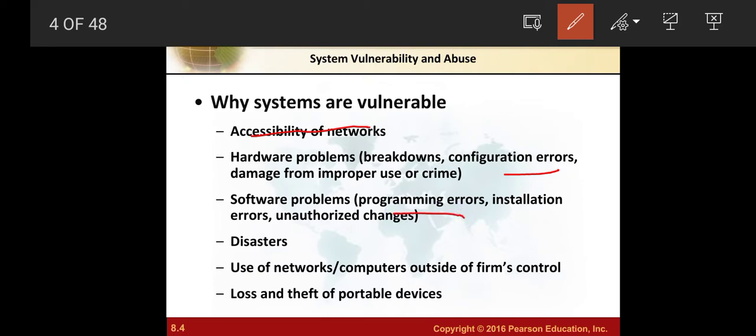When you are coding, you make those errors. Then installation errors, installation of different software, unauthorized changes, and even disasters. We also have use of networks and computers outside of the firm's control, and also loss and theft of portable devices.